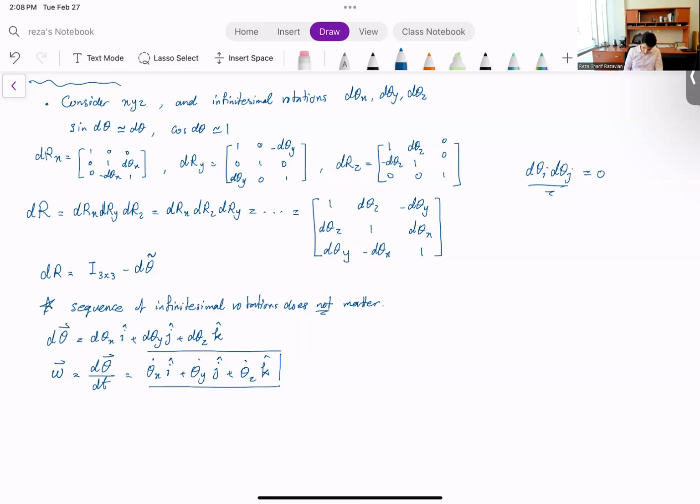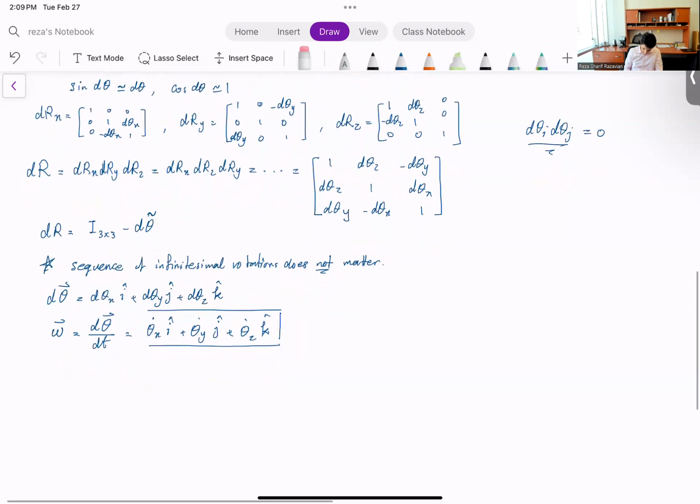And from up there, when we define the rotation matrix, we can now see that r dot is really minus theta tilde dot, which is minus omega tilde.